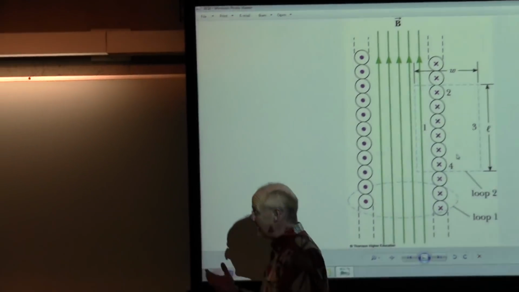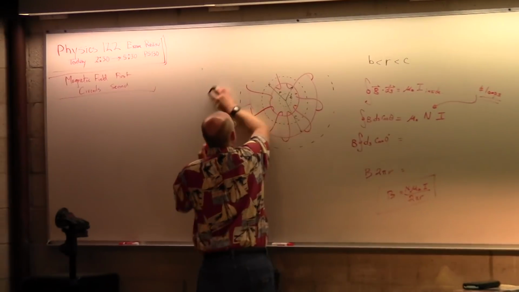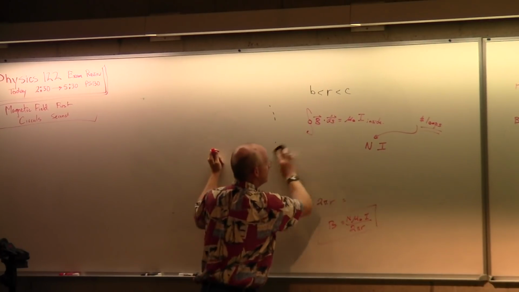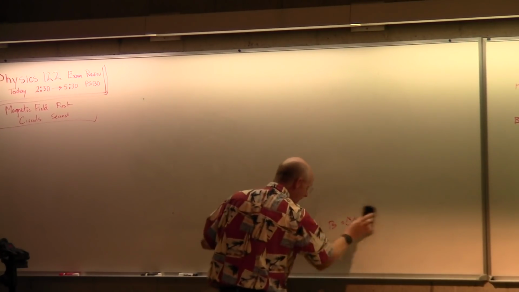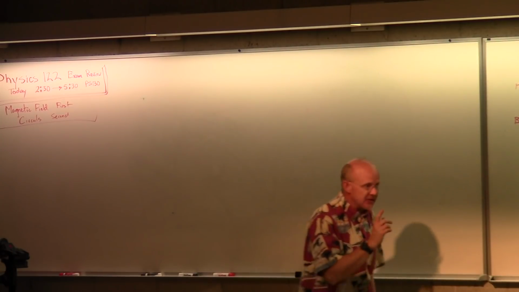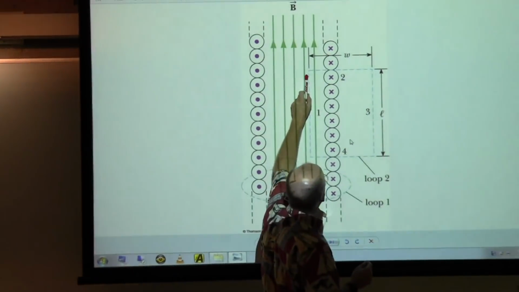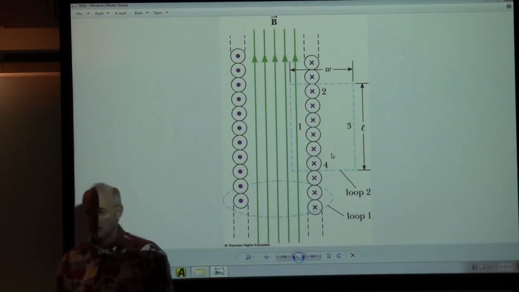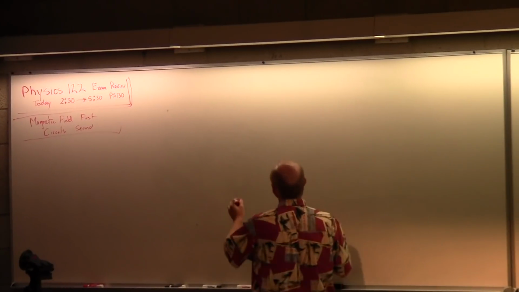And he says, all right, let's make an Amperian loop. And the tough one on this might be deciding, well, what Amperian loop do you want to make? And he picks a rectangle. The rectangle is nice here, and he's got it right here. He calls this 1, 2, 3, and 4. And says, all right, let's look at that Amperian loop.